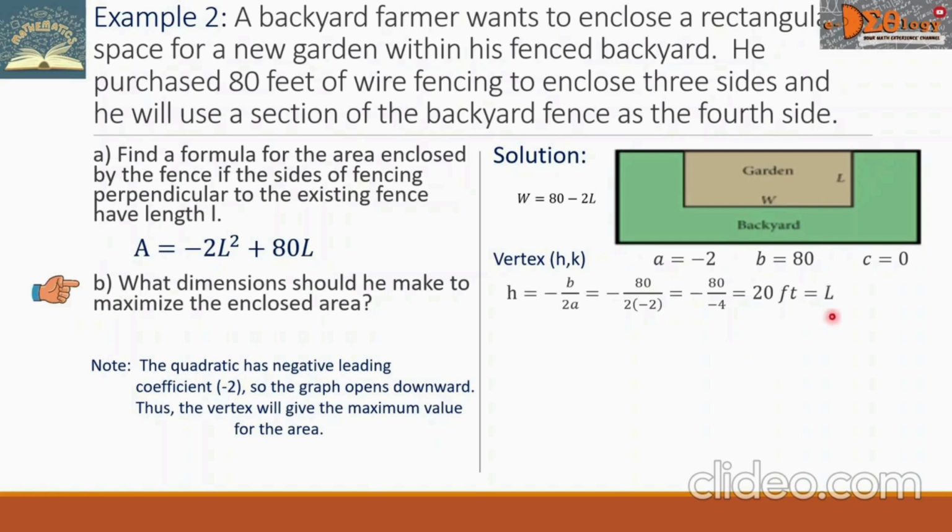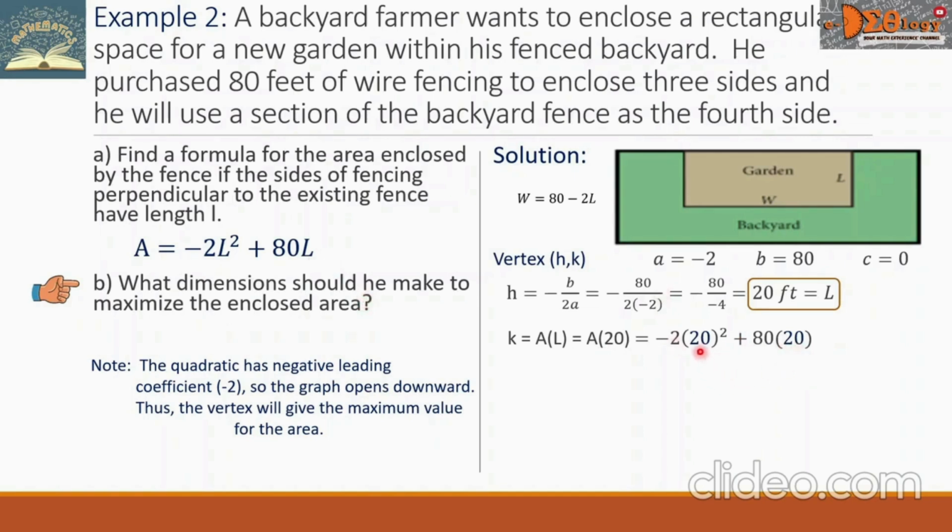Actually, this value is the length. Looking at our figure here, this is the side L. Now, what about the K? The formula is the area formula with respect to L. Our L value is 20, so we have A of 20. We substitute this 20 to the L, so we have negative 2 times 20 squared plus 80 times 20.